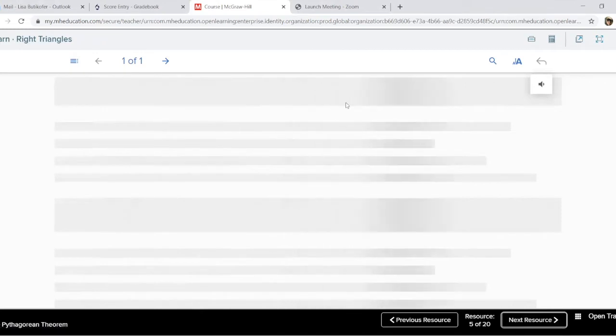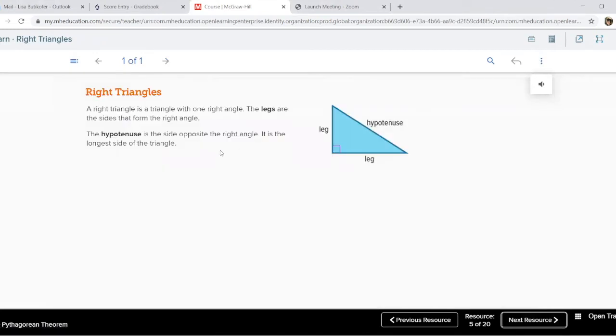Okay, so right triangles, your legs are right here, and right here. Your hypotenuse is your C, that's your diagonal, and it will always be your diagonal. The legs are the sides that form the right angle, and the hypotenuse is your diagonal.